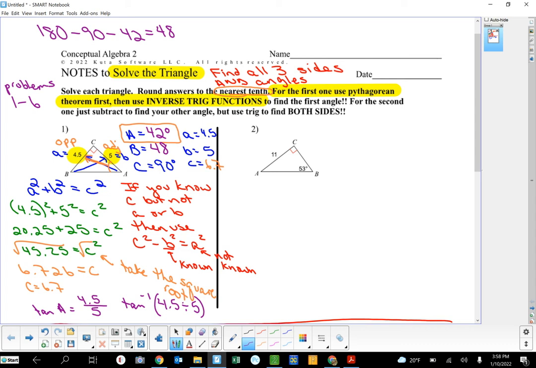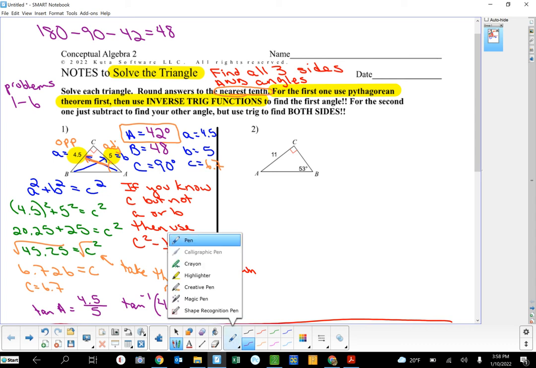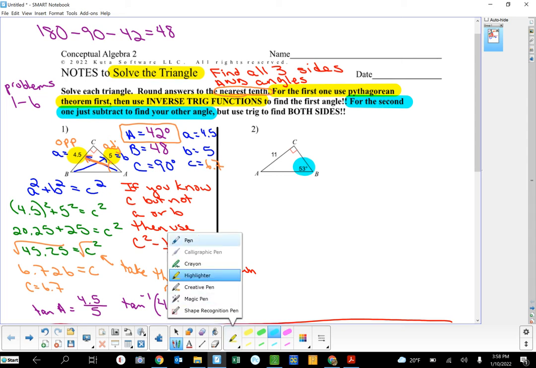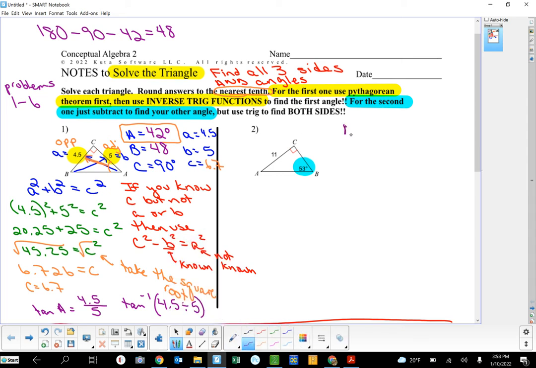All right, now the other ones. Let me get a different color highlighter. We'll go with blue. Now, for the second one, you're going to subtract to find your other angle because we already know one angle, right? So if we know one of them, we have that A, B, and C. We know C is 90.